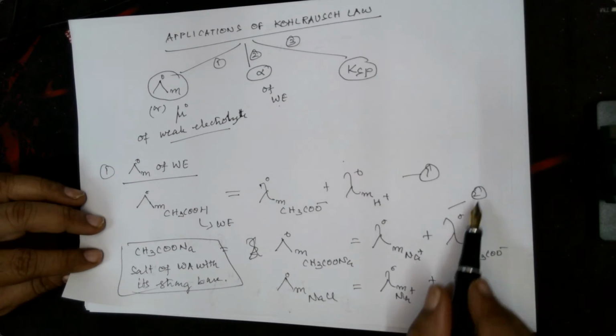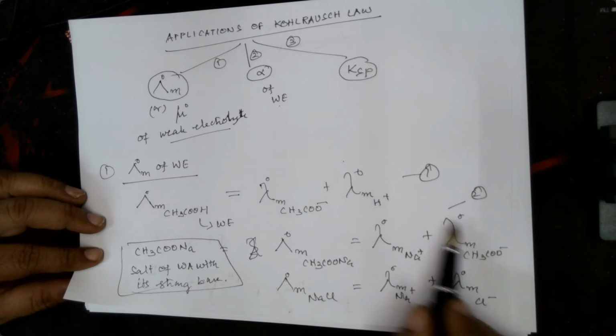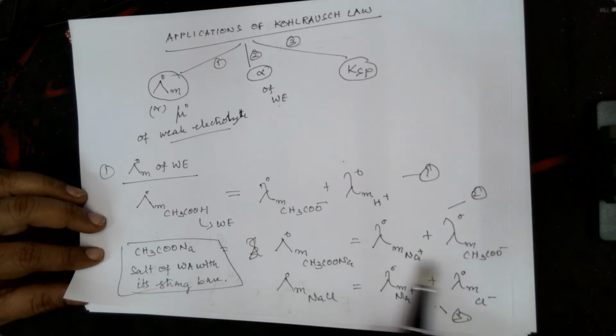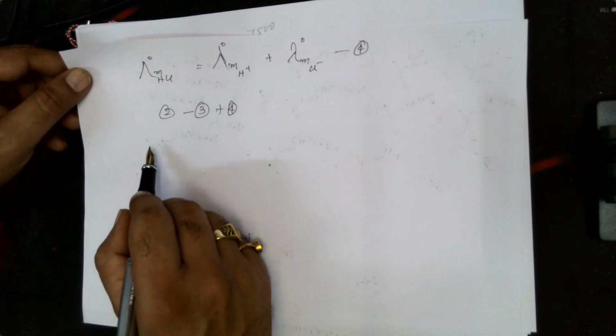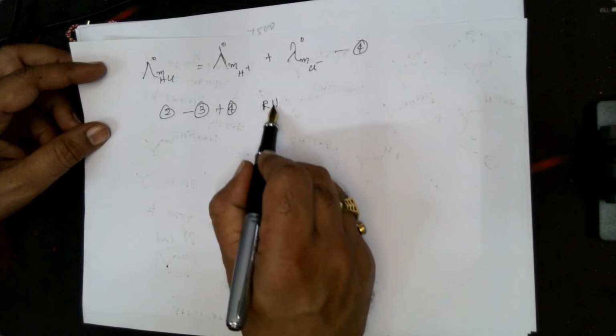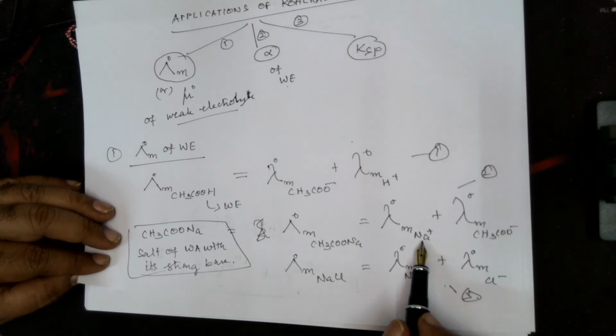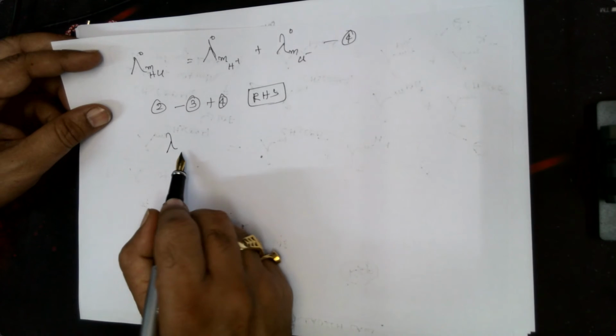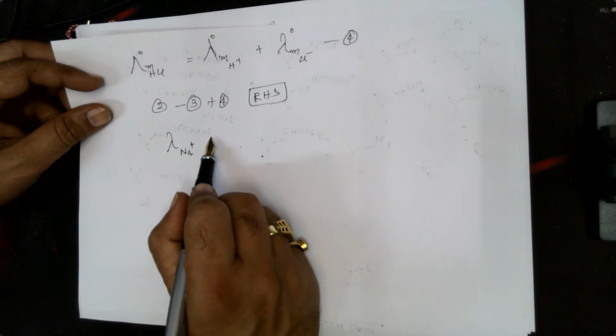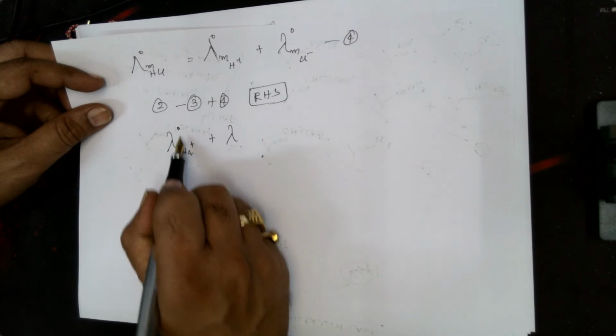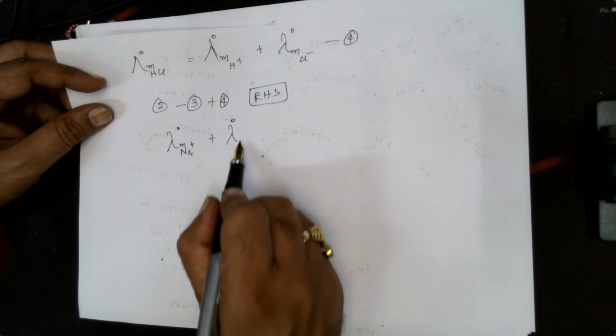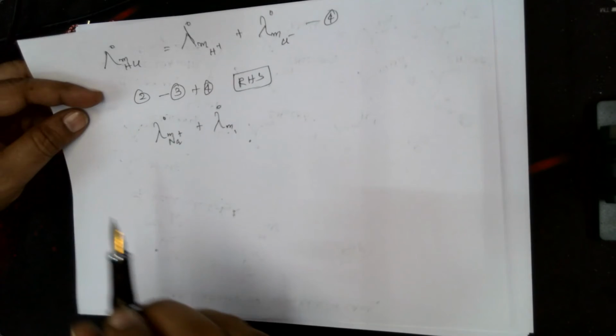Got it? So what is equation 2? This one. Let me take the RHS only. So we have taken Na plus and CH3COO minus. So ionic conductance at infinite dilution of Na plus, ionic conductance at infinite dilution of CH3COO minus.